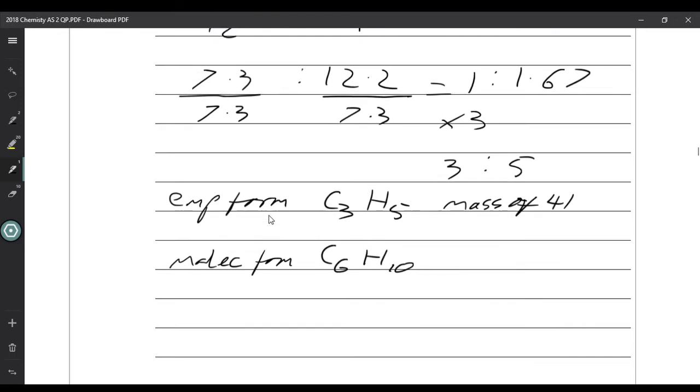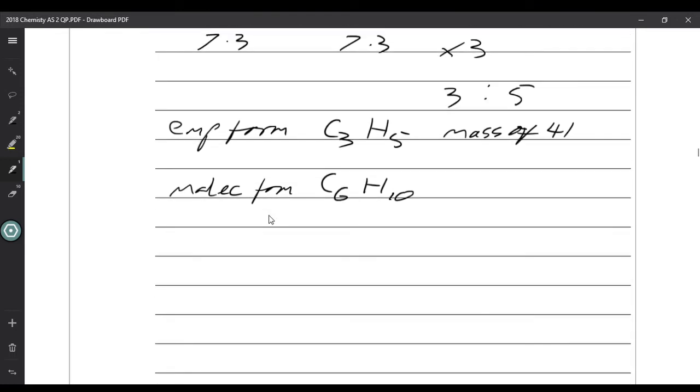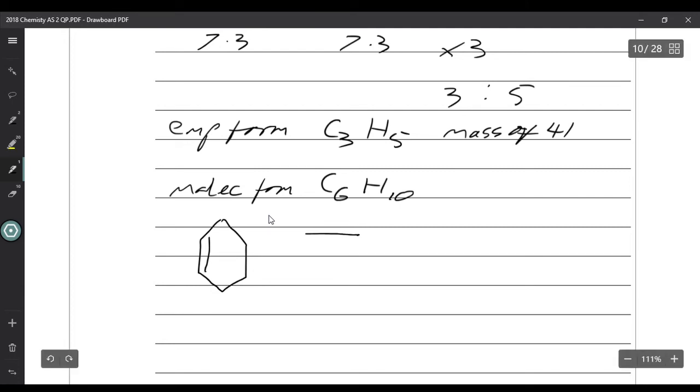We've been asked to draw 2 examples of a structure that would be C6H10 and decolorize bromine water. So a couple of examples that we could have would be a structure like this with a double bond there, and we could also have a structure like this, which again would give the same molecular formula.